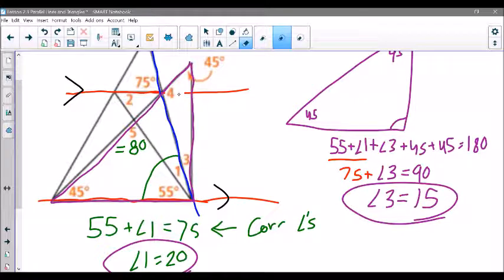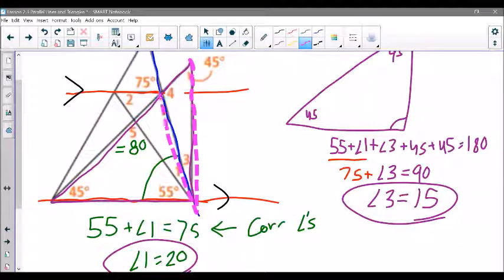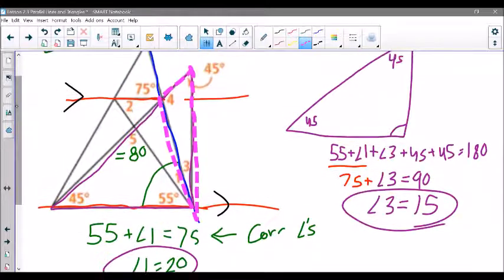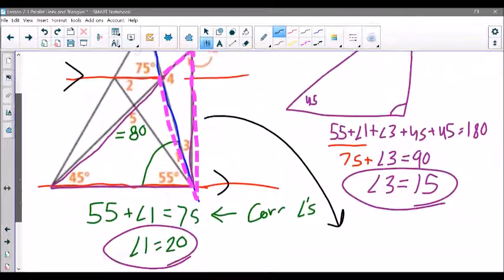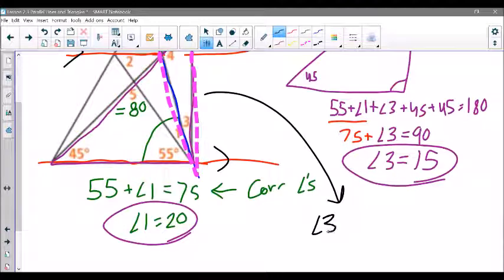All right, so looking at, man, I'm really running out of colors here. We're going to do a dotted pink line. Looking at that one here, we know angle 3 was 15. So we could say, going down here, angle 3 plus angle 4 plus 45 degrees equals 180.